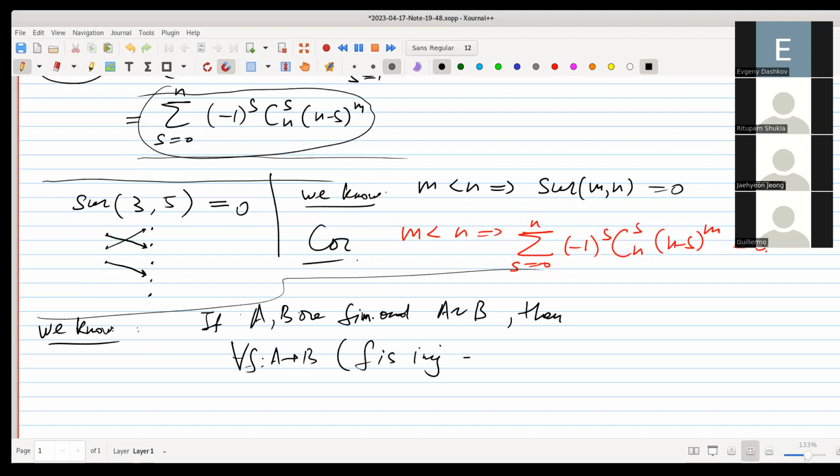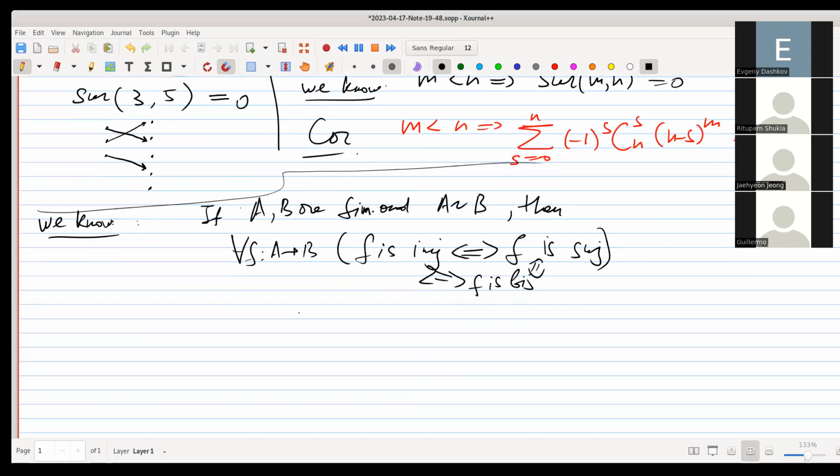F is injective when? Whenever it is surjective. If and only if it is surjective, or equivalently when it is bijective. So between two finite sets of the same size, surjections, injections, and bijections are all the same. Is it clear?